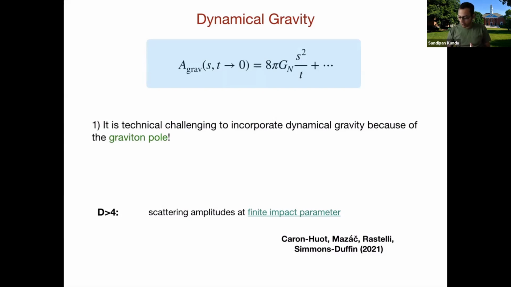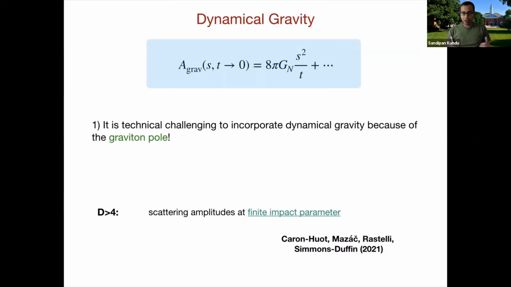But this issue has been solved recently by Caron-Huot, Mazac, Rastelli, and Simmons-Duffin. They made a very similar kind of argument, but they did not study the scattering amplitude in the forward limit. They studied the scattering amplitude at finite but small impact parameter.